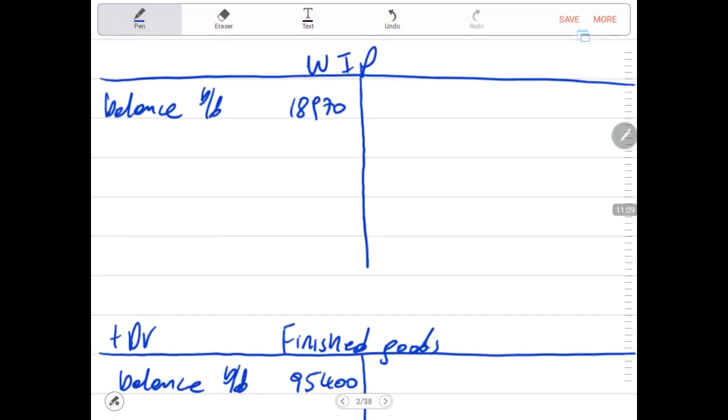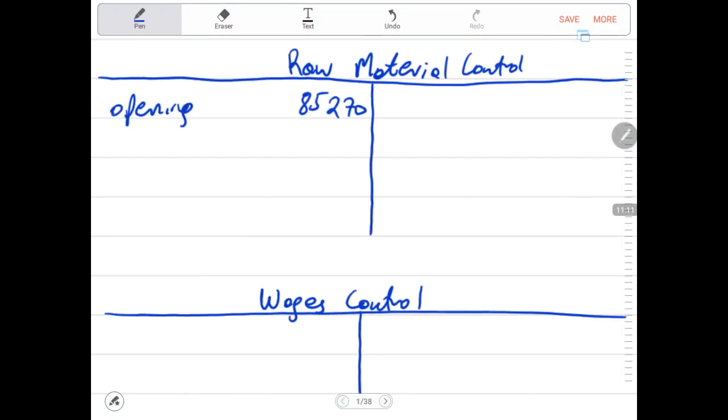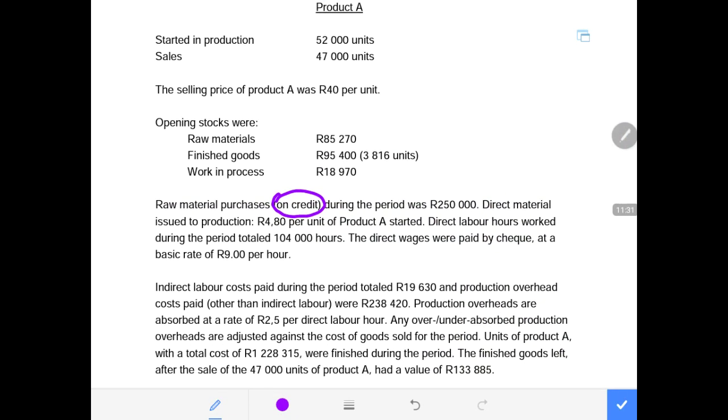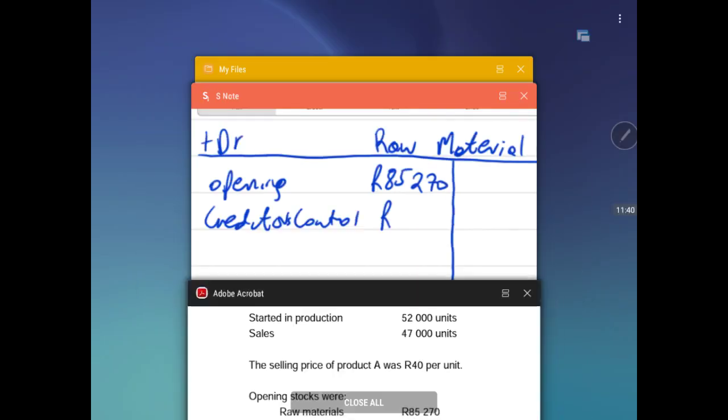So our material will increase on the debit side, and because it was bought on credit, the credit goes to creditors control, with an amount of 250,000 rand.